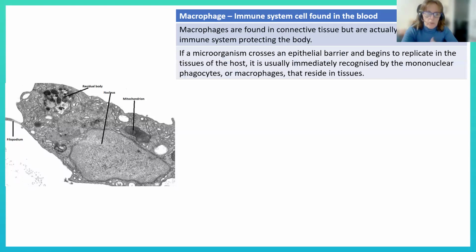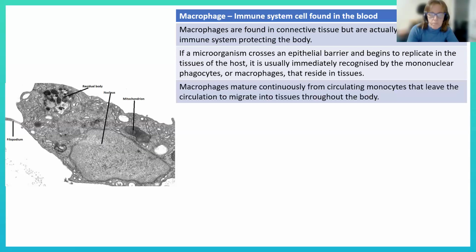We talked about the epithelial barrier earlier, the layer inside our mouth, and the lung with ciliated cells to keep bacteria, viruses, etc., out of our lung tissue. But if a microorganism does cross this epithelial barrier and begins to replicate in the tissues of the host, it will be immediately recognized by the phagocytes and macrophages that live in these tissues. Well, live, I suppose, patrol would be a better term.